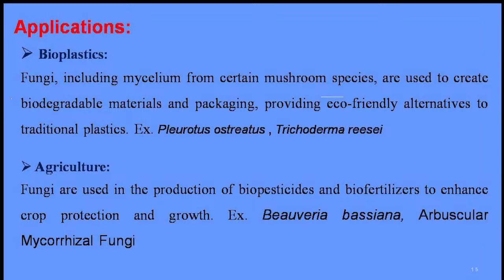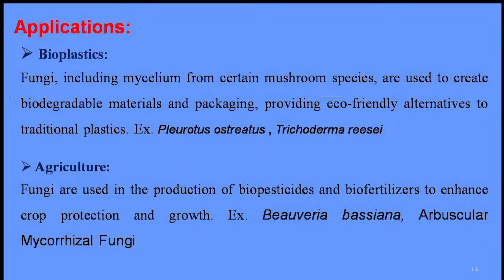For example, the fungi like Beauveria bassiana, this entomopathogenic fungus is used as a biopesticide to control a variety of insect pests, including aphids, thrips, whiteflies, and caterpillars. It infects and kills the target pests by colonizing their bodies with fungal mycelium.